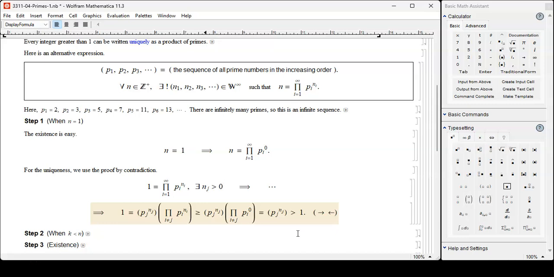But then again, that's strictly greater than 1 because that's a prime number and the power is greater than 0. So 1 is equal to this, and that's greater than or equal to that, which is strictly greater than 1. So in conclusion, 1 is strictly greater than itself. That's a contradiction. It cannot happen.